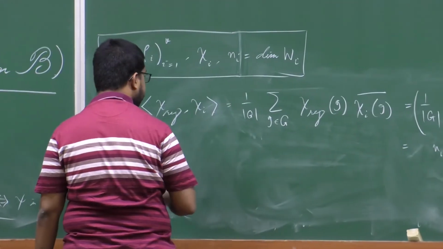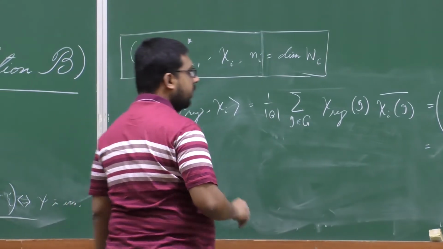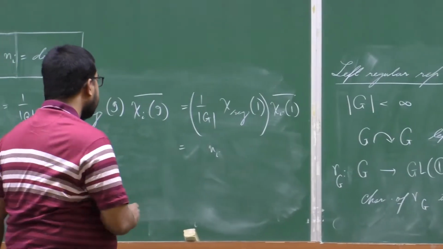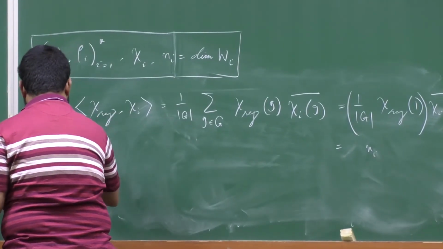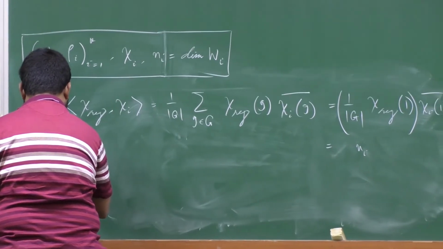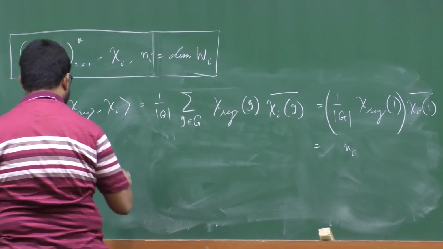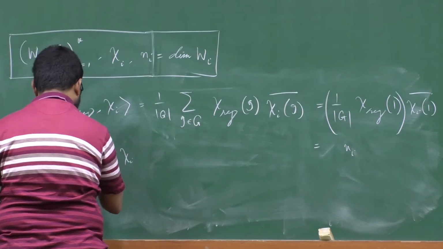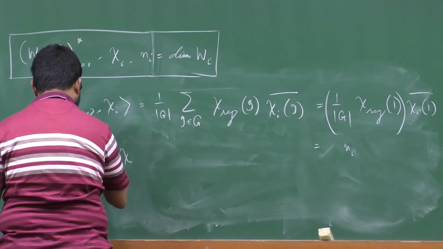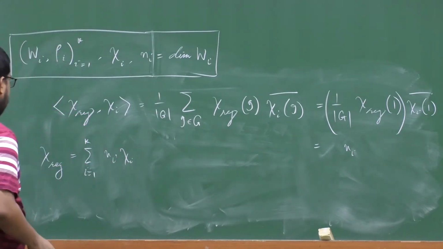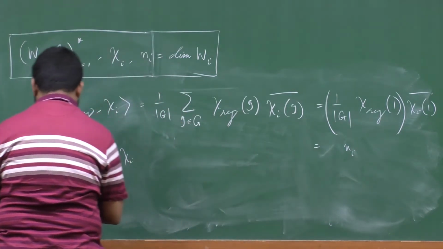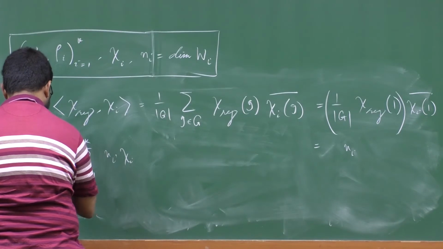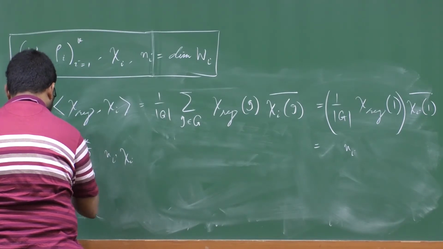So therefore, one immediately obtains the following, that chi reg is Ni times chi I, okay.